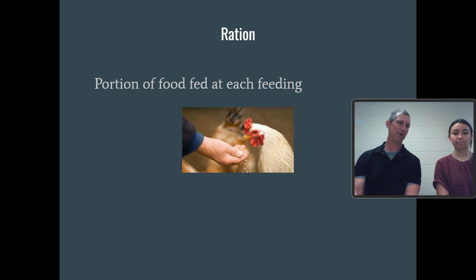You can have multiple rations throughout the day, but most of the time we normally feed these animals once a day, and that would be considered their ration. If they go out and graze hay or something like that, that's just added to it. That's not included within the ration. But as far as the portion of food fed each feeding, that's what we call their ration.